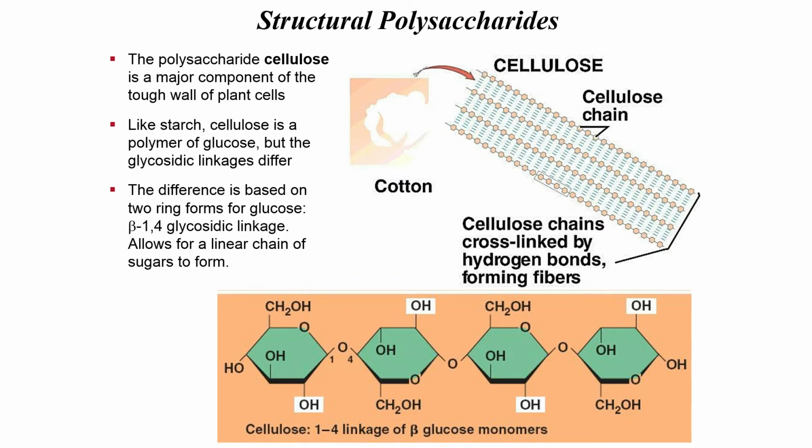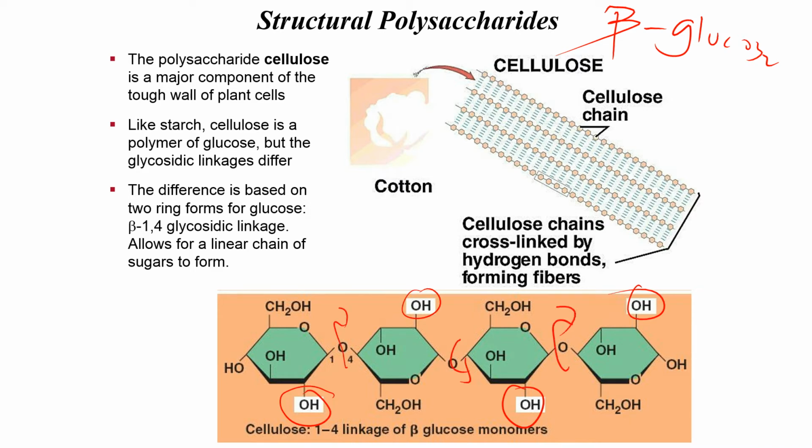Now, looking at cellulose. Cellulose consists of your beta glucose monomers. Again, look, you have alternating OH groups because the actual sugar molecule itself rotates on its axis.